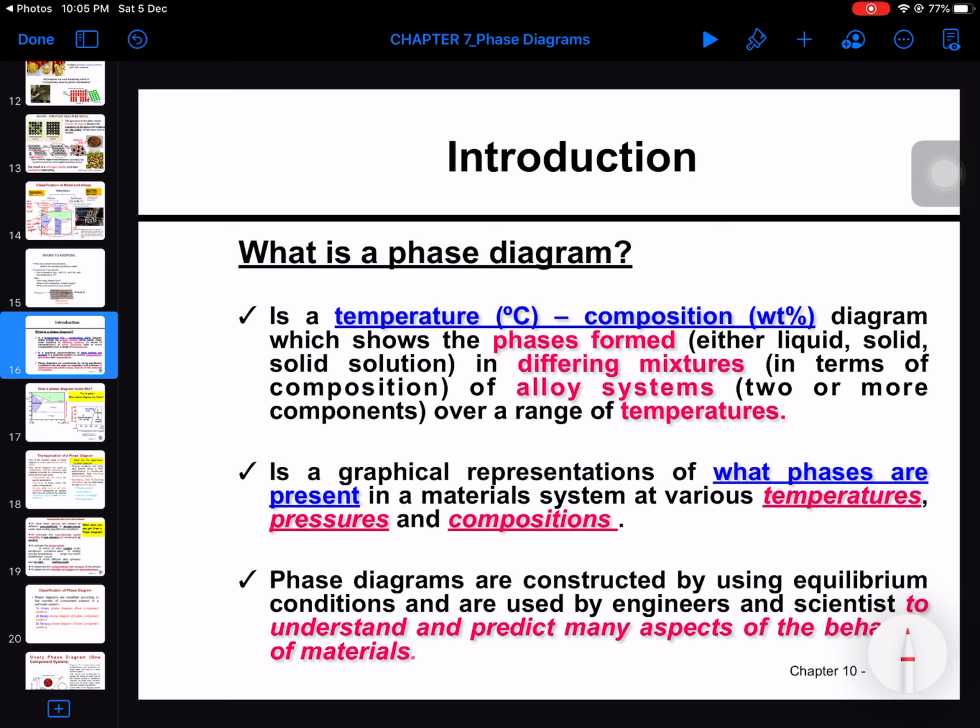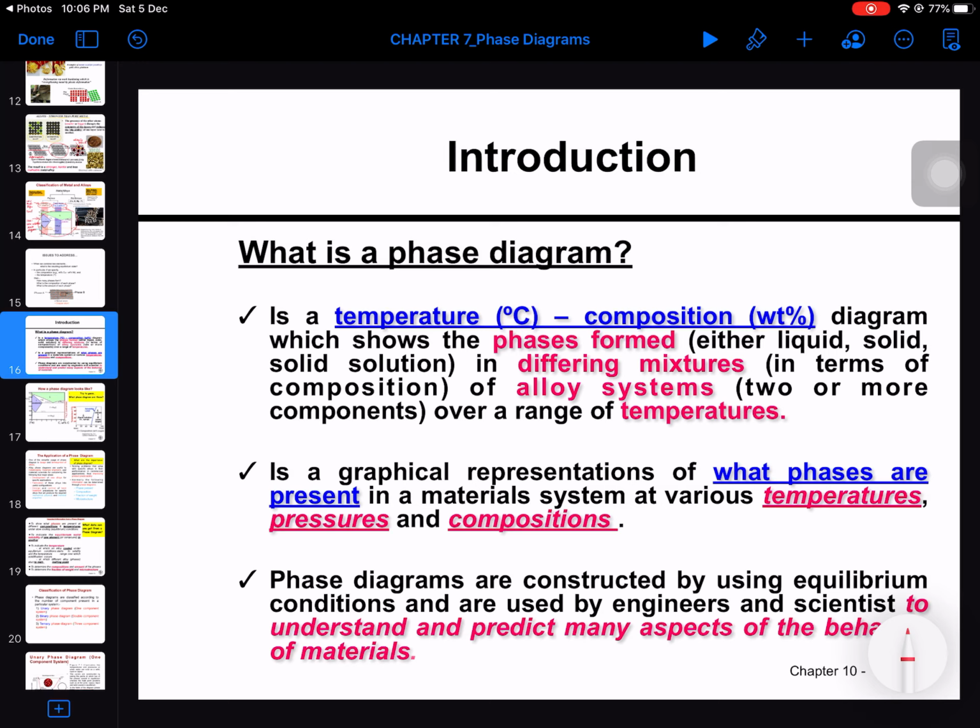So a phase diagram will provide us with the knowledge of phase composition and phase stability as a function of temperature, pressure, and composition. A phase diagram is constructed from three parameters that affect the phase structure, namely temperature, pressure, and composition.